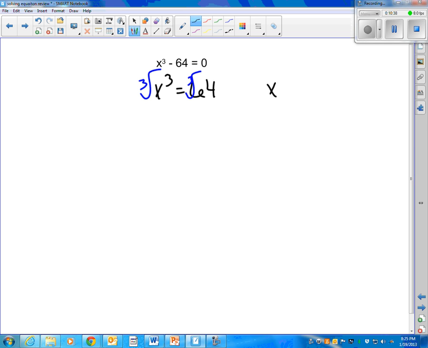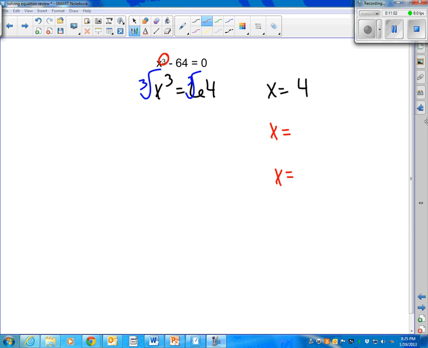And x would be equal to 4. However, remember, if your degree is a 3, you should expect 2 more solutions. And that's what I need to get. So I can't simply isolate the variable to get all 3 answers.